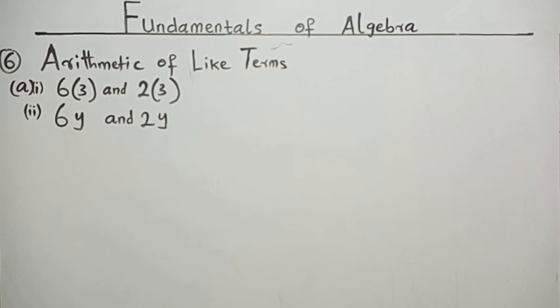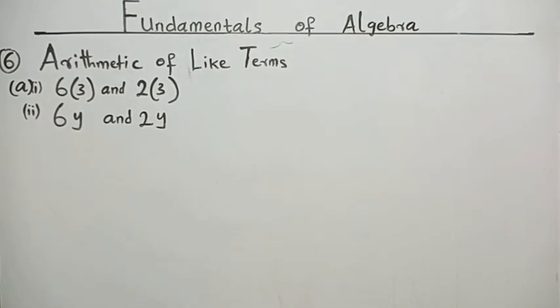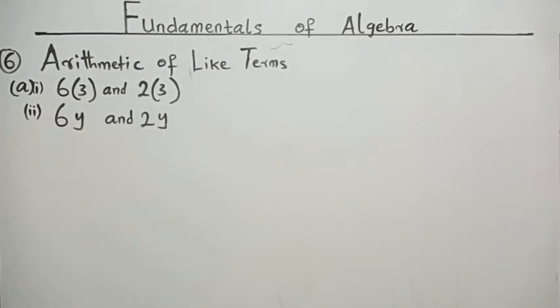In this section, we want to learn how to carry out addition, subtraction, multiplication, and division of like terms. By means of numerical experiments I wish to carry out, I want to give formulas as to whether it is possible to add, subtract, multiply, or divide using like terms.